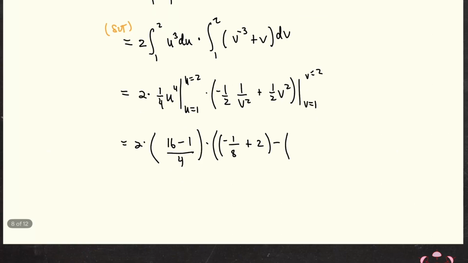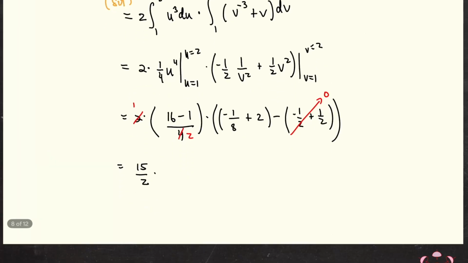Okay, now let's plug in 1. I'll get negative 1/2 plus 1/2. Sweet. Okay, this is 0. Almost done. So the 2's going to cancel with the 4, leaving me a 2. 16 minus 1 is 15, so I've got 15 divided by 2. All I have left to do is to do 2 minus 1/8.